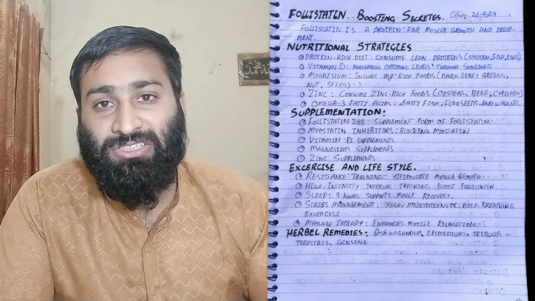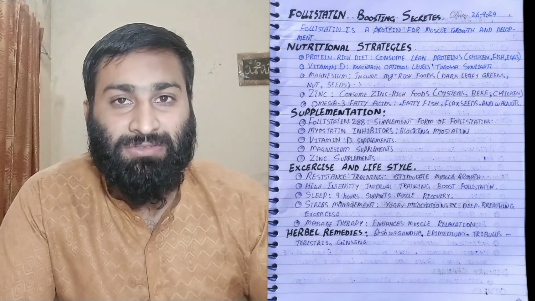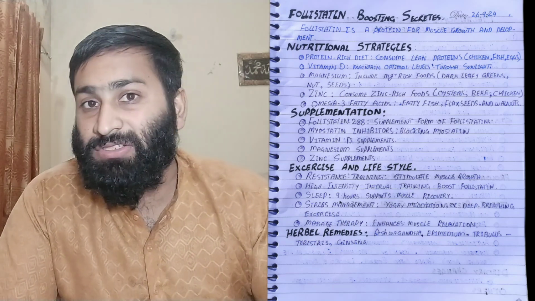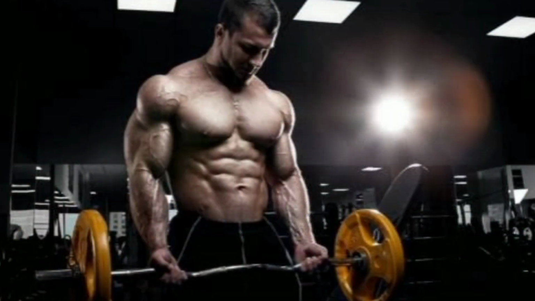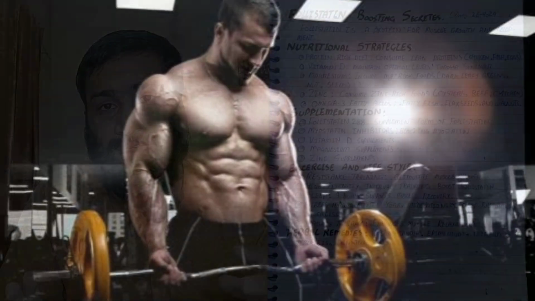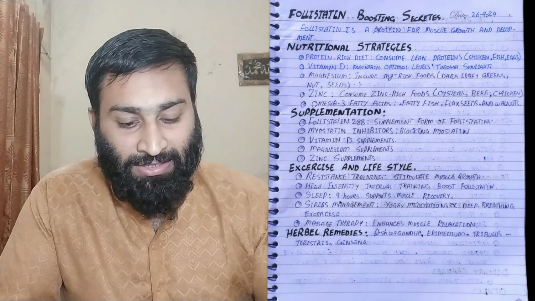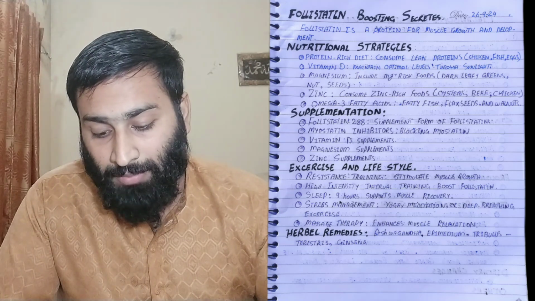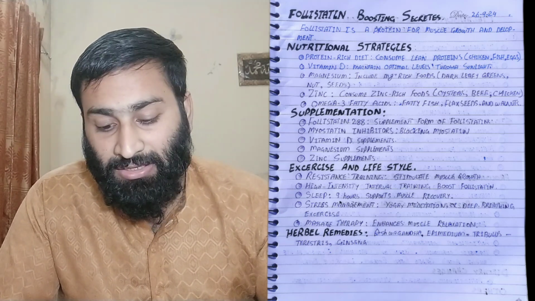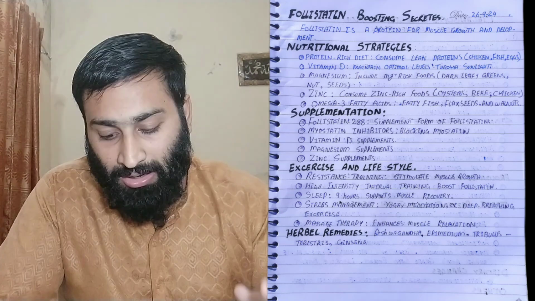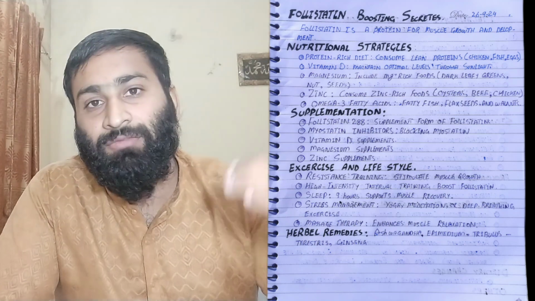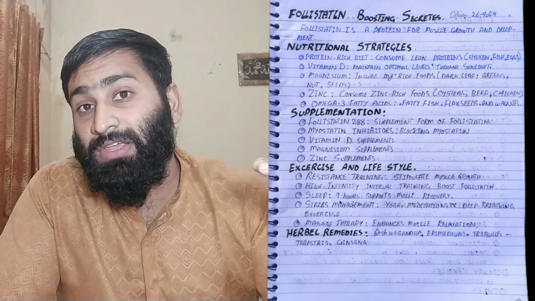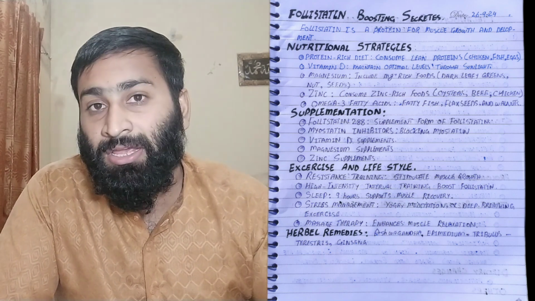The supplementation can be, I am not recommending supplementation to you, you should boost follistatin through a natural process. But the supplementation can be follistatin 288, a form of follistatin, a myostatin inhibitor, which blocks myostatin while increasing follistatin, because follistatin is important, and follistatin level will increase when myostatin is inhibited.